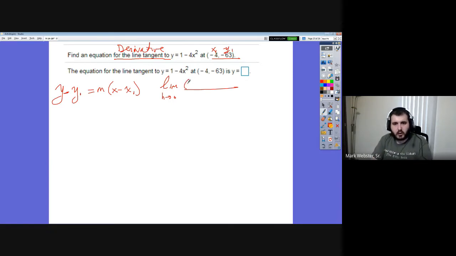Let's do it like we're doing f of x plus h. So we got 1 minus 4, and then wherever you see an x, you're going to replace it with x plus h, squared. The square should be up here, sorry.